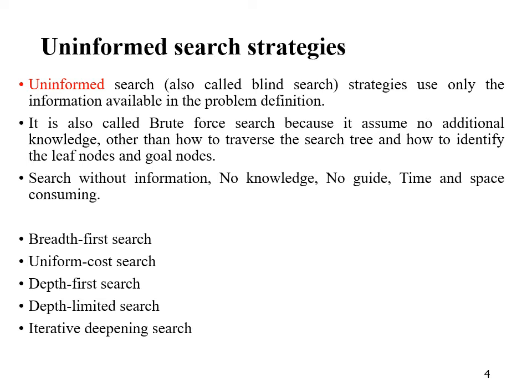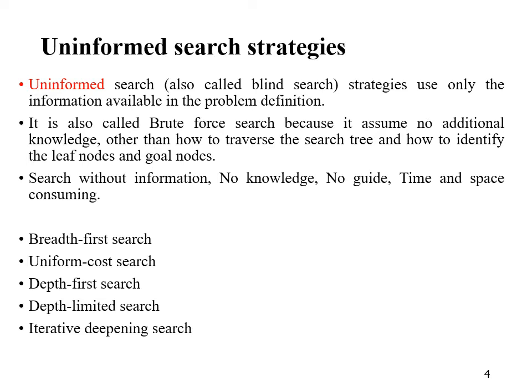If we take 5 cities, the number of possibilities is (5 minus 1) factorial, which is 4 factorial, meaning 24 possibilities to visit all the cities. So in uninformed search strategy, the state space will be larger.